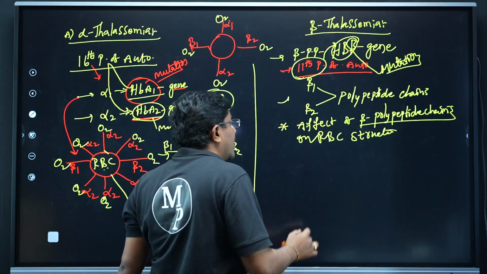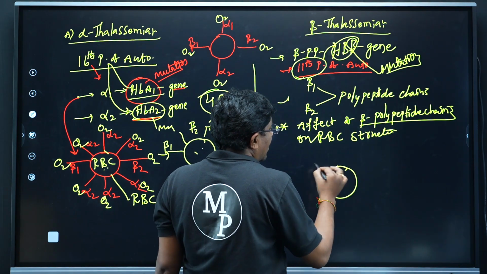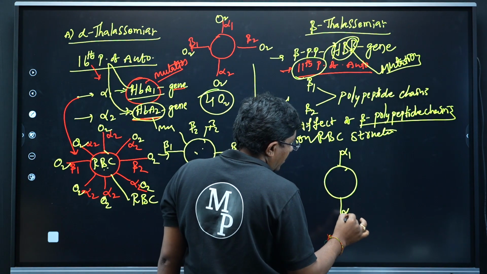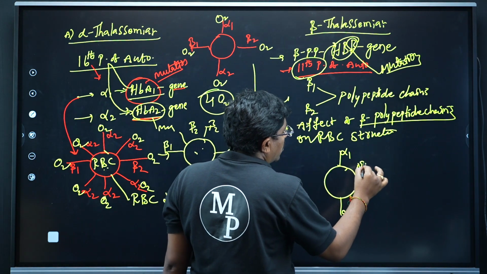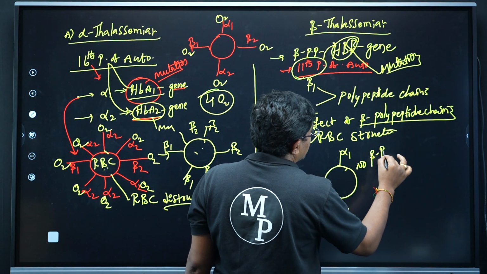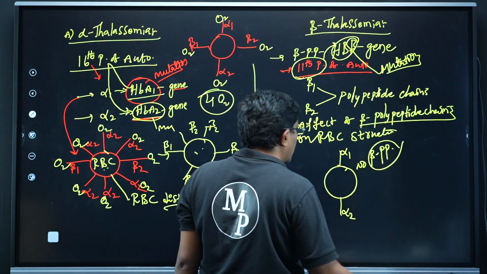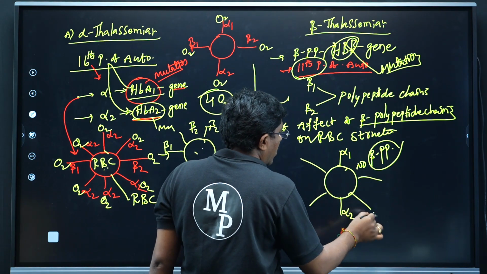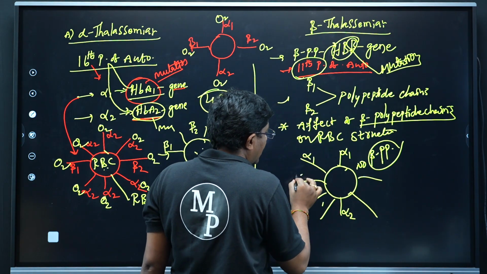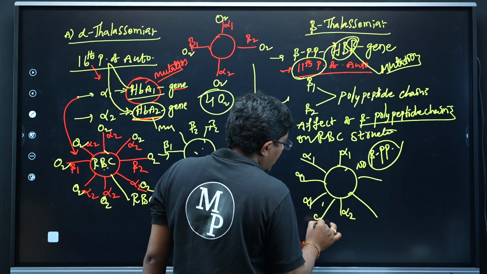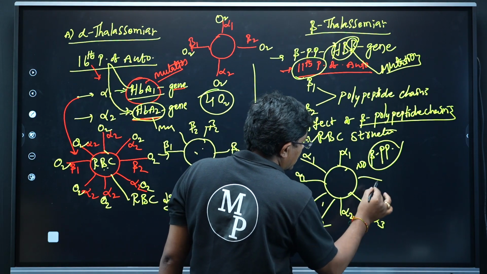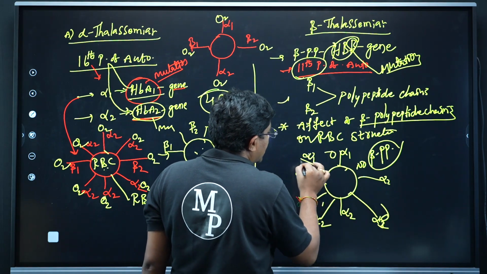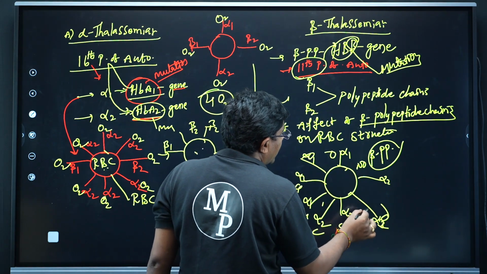What happens, this is the RBC, so now only alpha 1 and alpha 2 are there. There is no beta polypeptide chain, no beta polypeptide. So in this condition more than 4 alpha 1 alpha 2 polypeptide chains are synthesized, and more oxygen molecules are there, the structure will be collapsed.